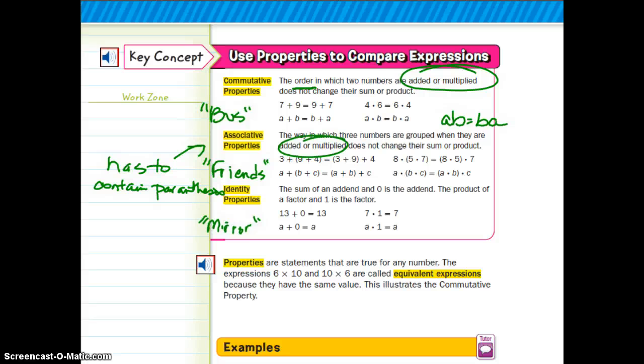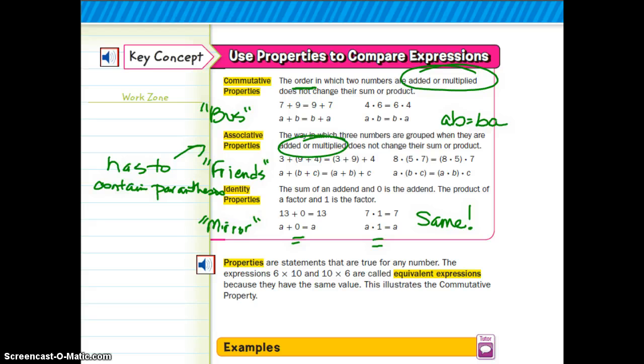And then the identity property: for 0, if I add 0 to anything, I'm still going to get the same number out. And if I multiply something by 1, I'm still going to get the same product. So in this case, we're talking about same. So we will always get the same product when adding 0 or multiplying by 1. So properties are statements that are true for any number.